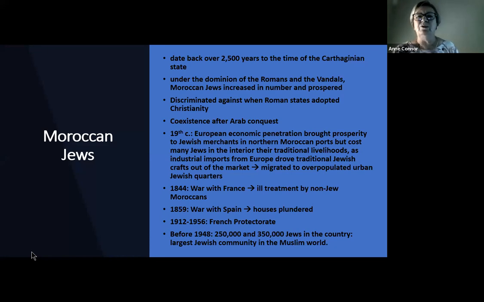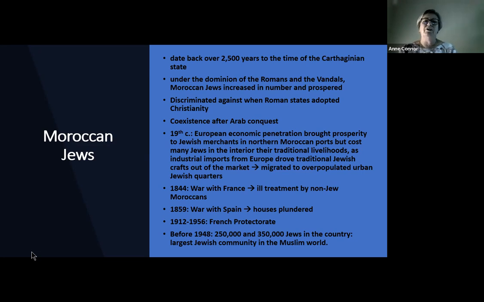Under the dominion of the Romans and the Vandals, the Moroccan Jews had increased in number and prospered. They were always very hard workers and very creative in the way they settled. They were unfortunately discriminated against when the Roman state adopted Christianity. And of course, Christianity was very wary about the Jews.